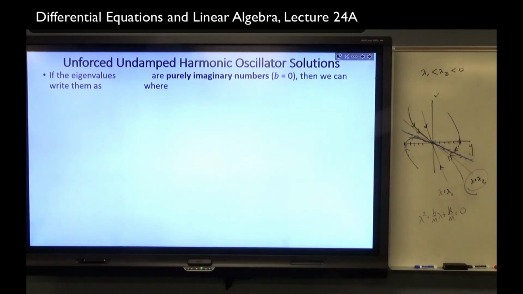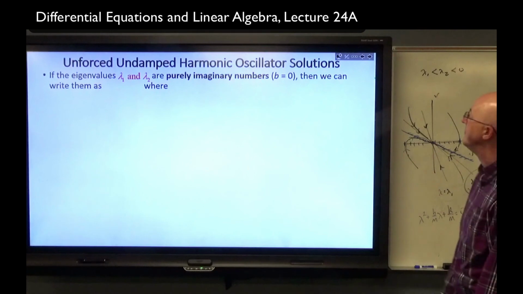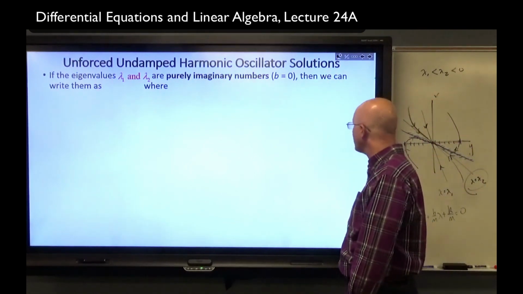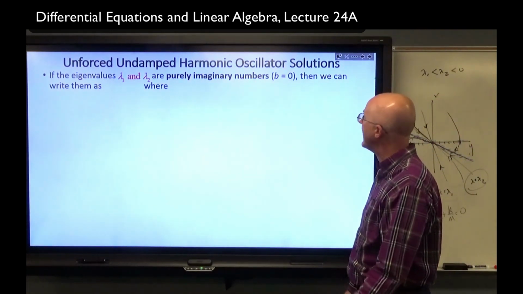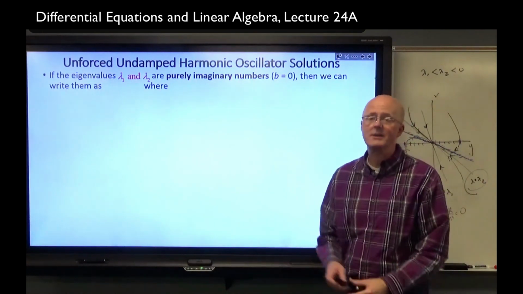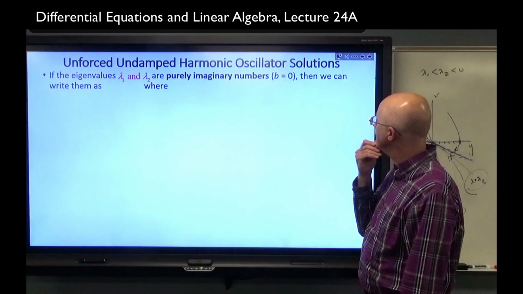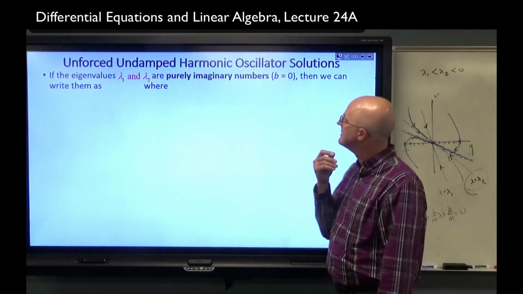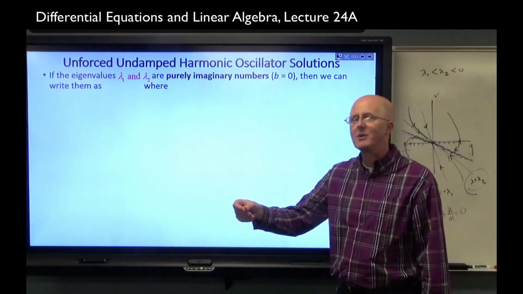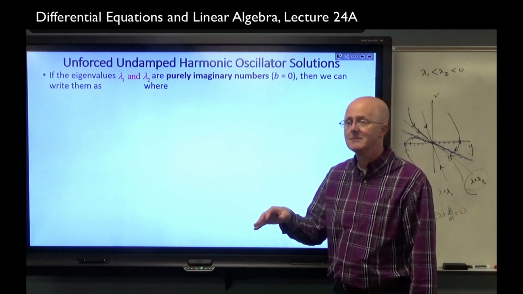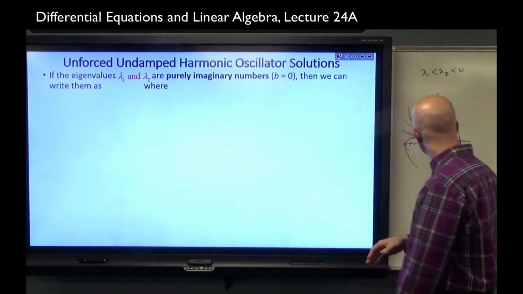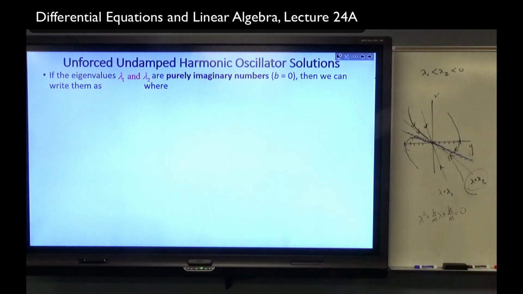The eigenvalues in this case are purely imaginary numbers. The damping, b, is 0. There's no damping. In the quadratic formula, the part before the plus or minus goes away, because that was negative b over 2m, and b is 0 here.